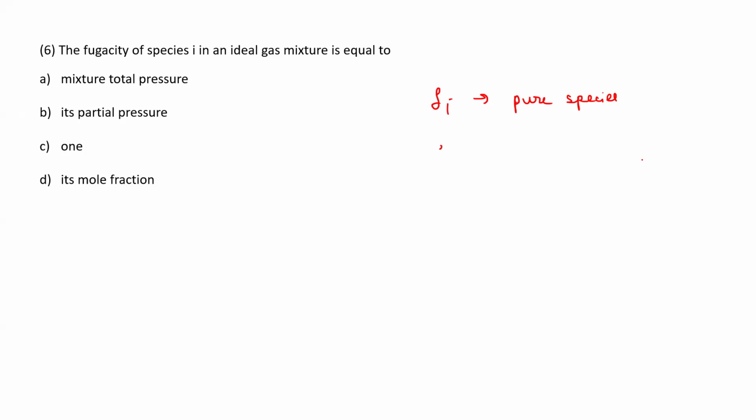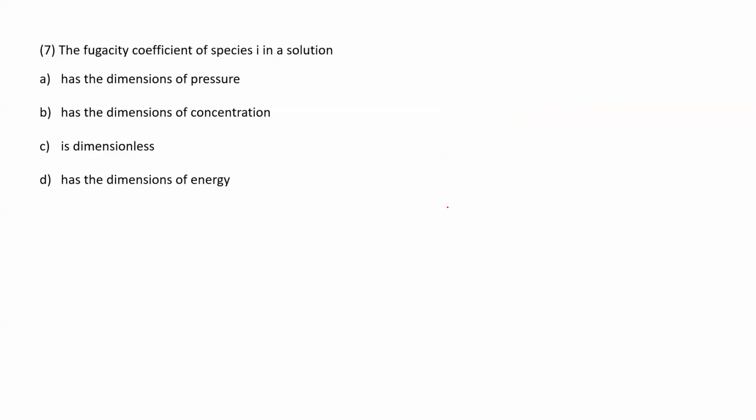Right? So here we are being asked the fugacity of species i in an ideal gas mixture. This is Fi hat, and this is equal to Yi P in ideal, so it's the partial pressure. It's equal to Pi, right?